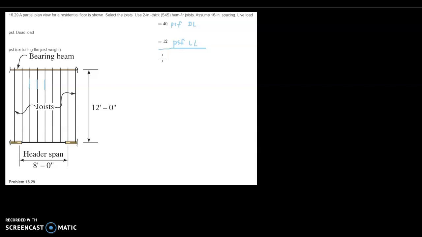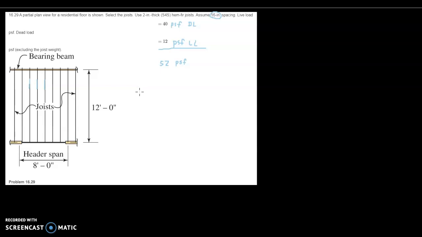So if we add those together, we've got 40 and 12 is a total of 52 pounds per square foot. The spacing of our joists is 16 inches. So the tributary width of one of our joists is equal to the spacing, or 16 inches.